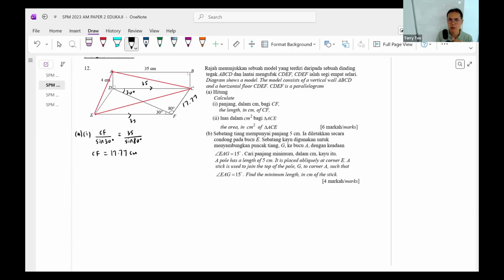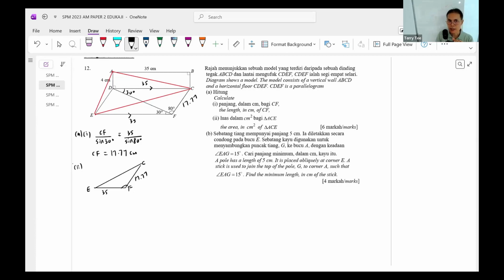Now focus on your parallelogram, focus on EFC. So this is 110. Maybe I draw this for you, guys. This is your base EFC. This is 17.77, this is 35.